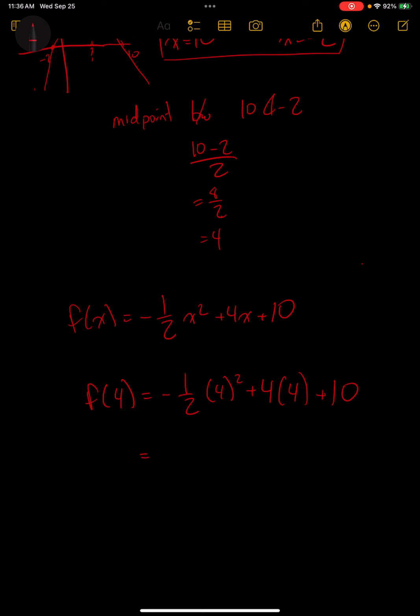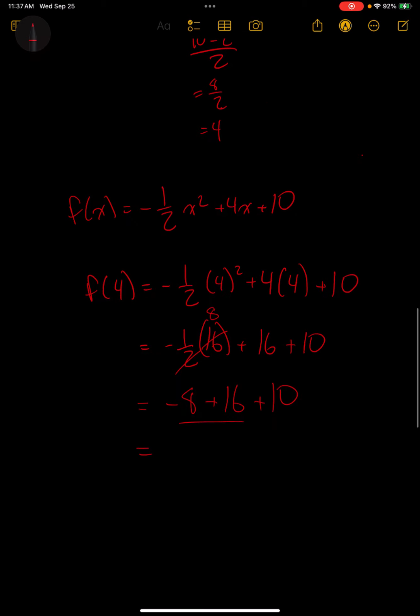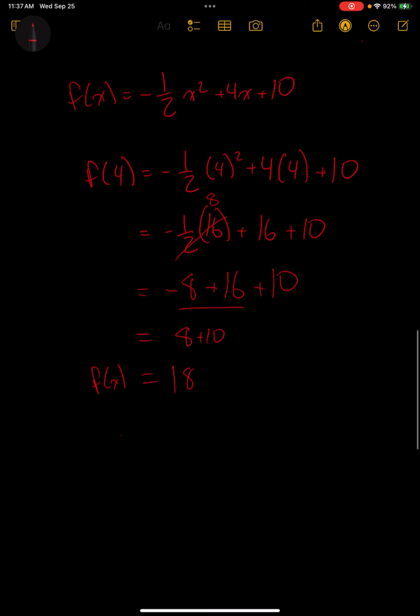And that's equal to minus half, 4 squared is 16, plus 16 plus 10. Cross that out to get 8, I get minus 8 plus 16 plus 10, which makes this, I'm going to get 8 plus 10, and that becomes 18. So f at 4 equals 18. So vertex is 4, 18.